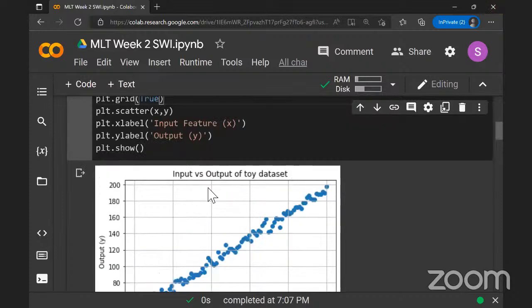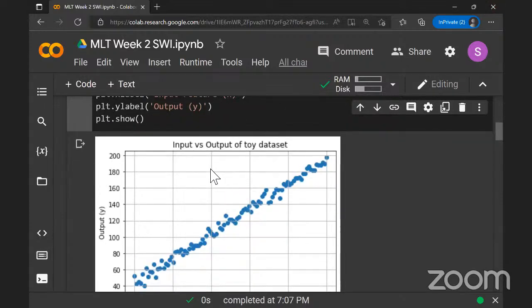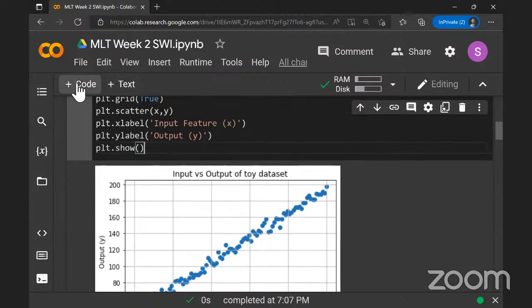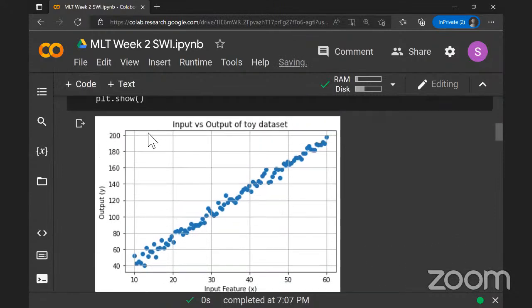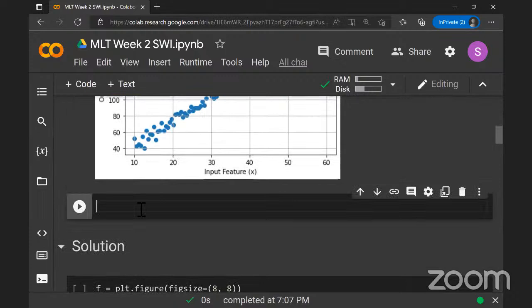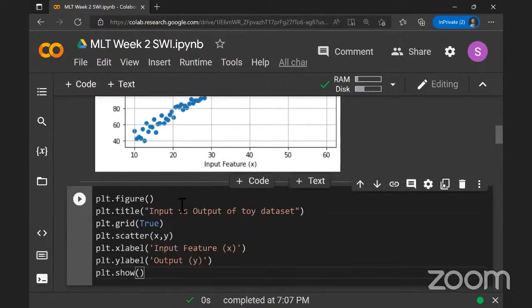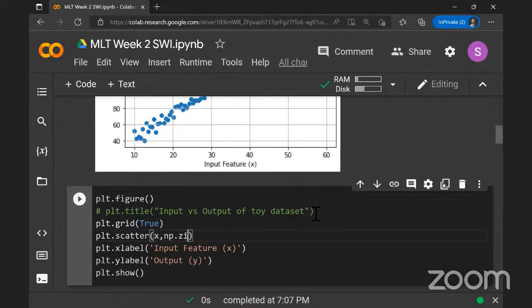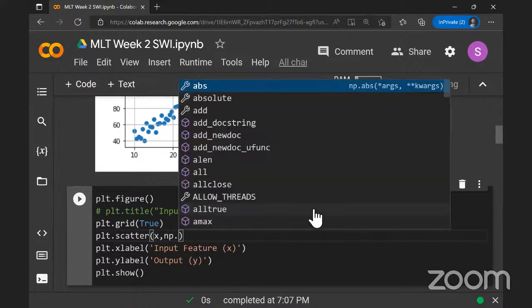Not only that, you can actually use LaTeX commands. So I'll quickly show you that. I should do something.